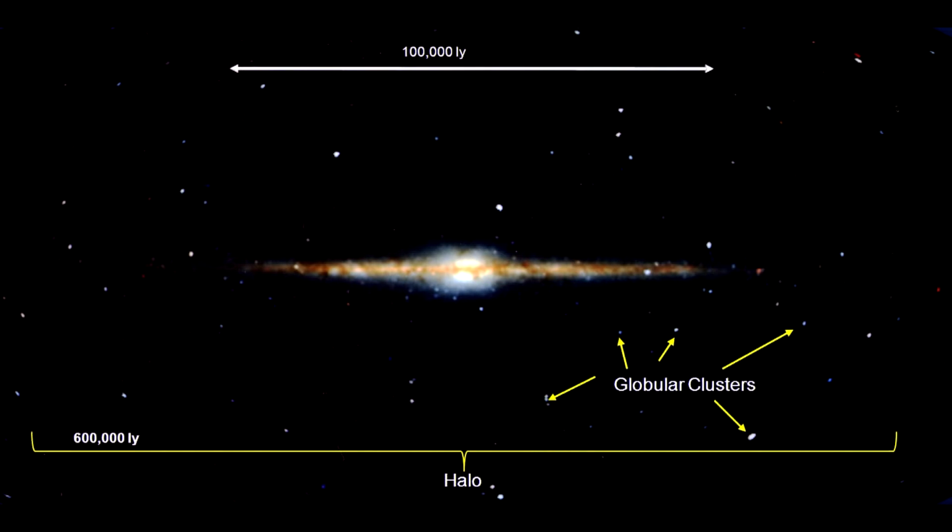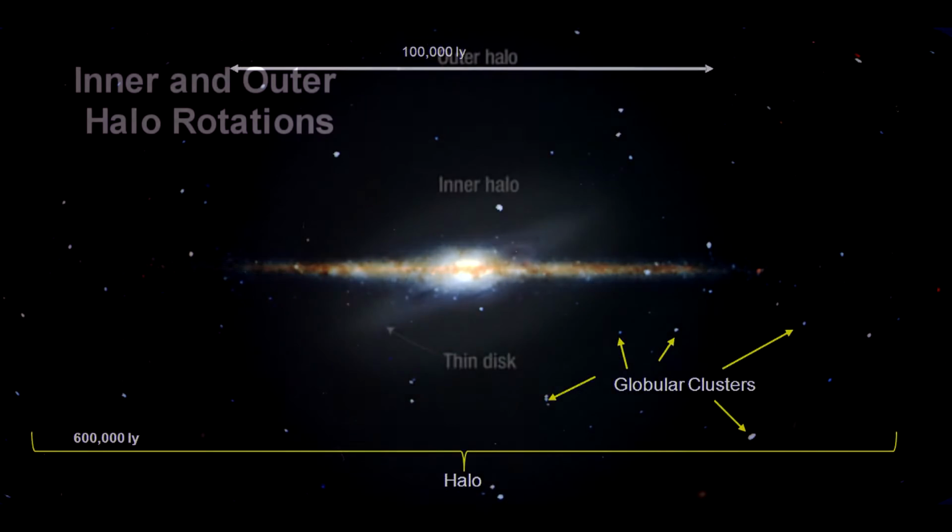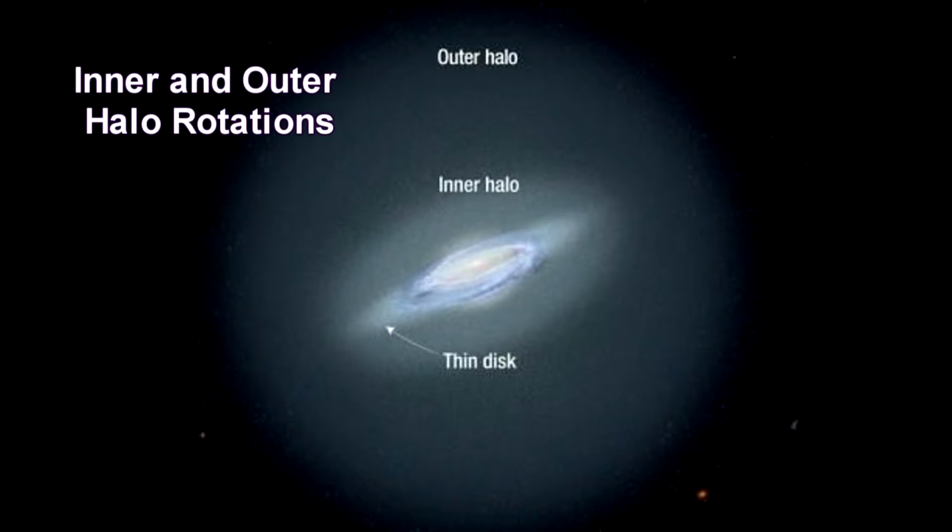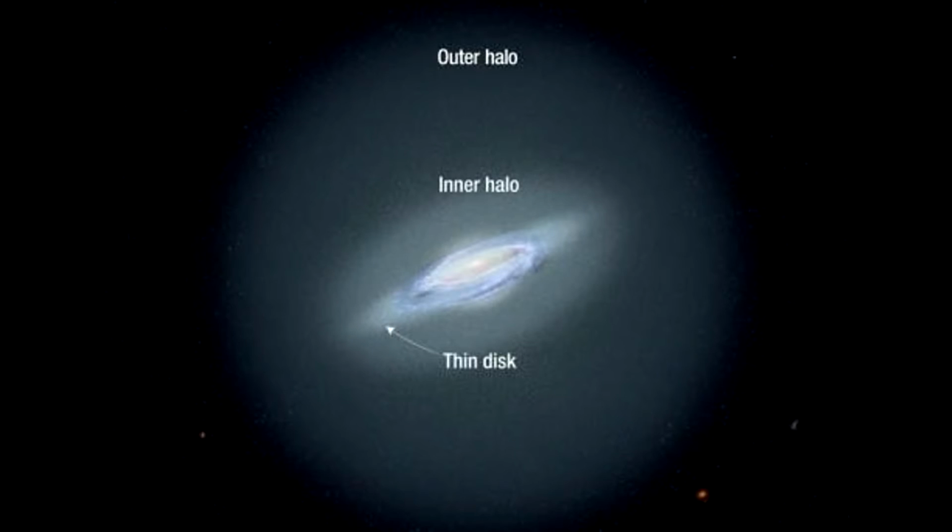The galactic halo itself has a diameter of at least 600,000 light years, based on the locations of the globular clusters, although it may extend much further. There is no star formation out in the halo. In 2007, using 20,000 stars observed by the Sloan Digital Sky Survey, an international team of astronomers discovered that the outer Milky Way is a mix of two distinct components rotating in opposite directions.